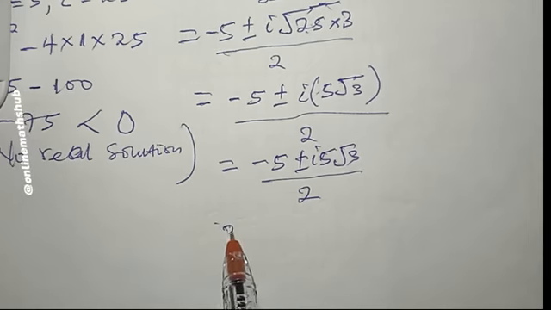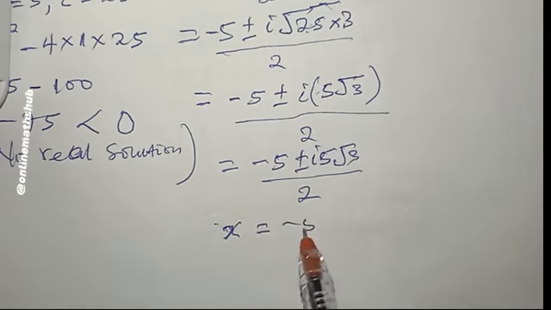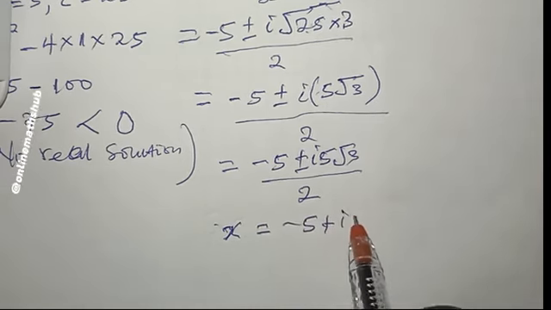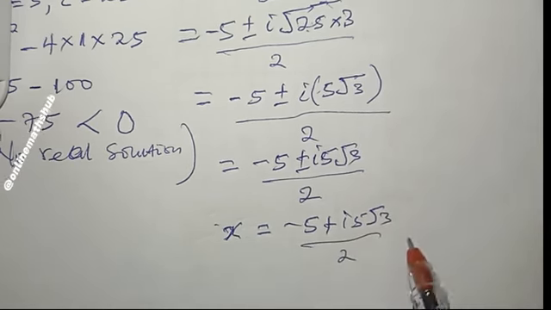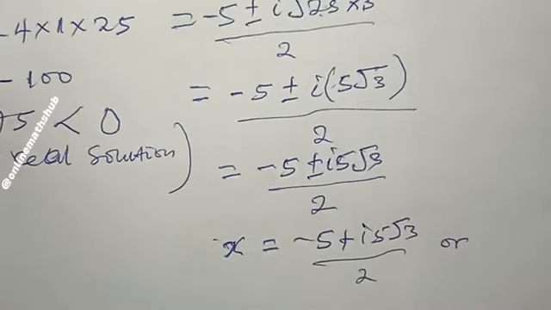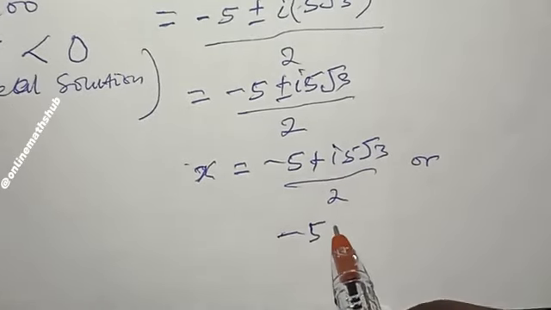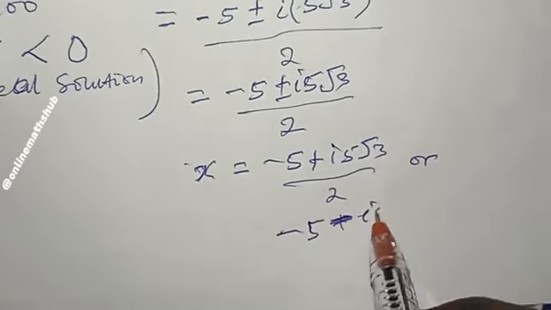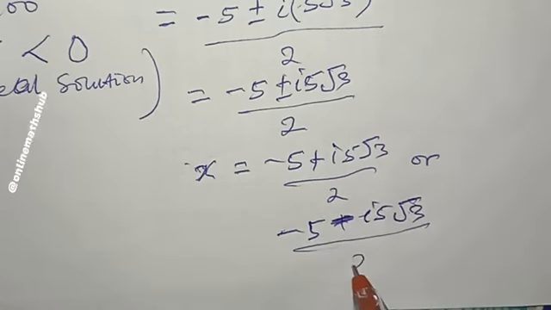The first one, x is equal to minus 5 plus i 5 root 3 divided by 2, and the next value will be minus 5 minus i 5 multiplied by root 3 and then divided by 2.